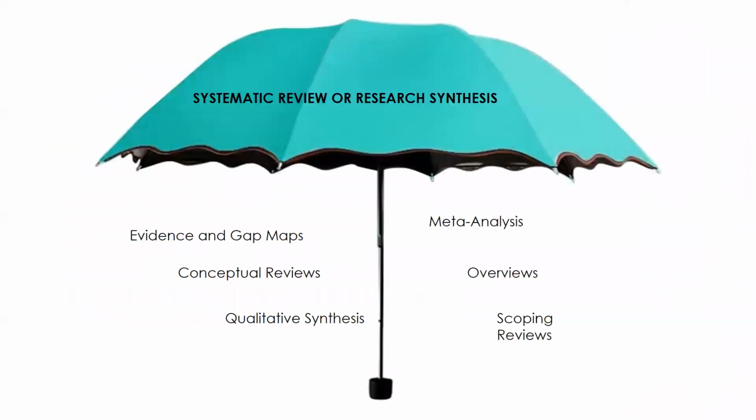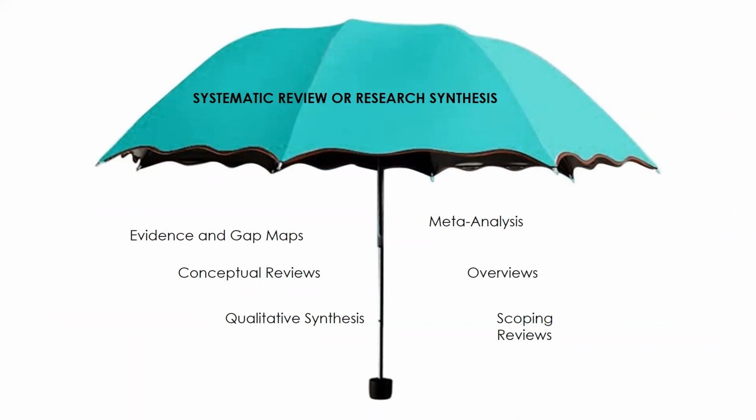And so just to make sure we're all on the same page, this is how I think about the terms that we use in this area. I think about systematic review or research synthesis as the big term. This is the umbrella term. These are the set of methods that we use to systematically and transparently gather a bunch of studies on a given topic. But how we analyze that is what's underneath our umbrella.